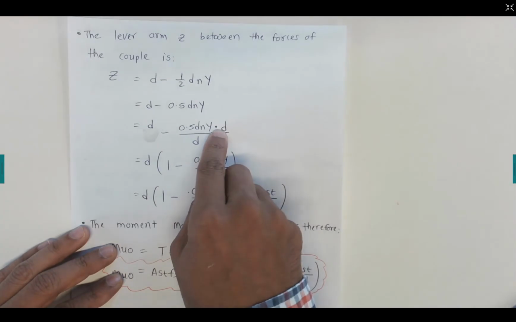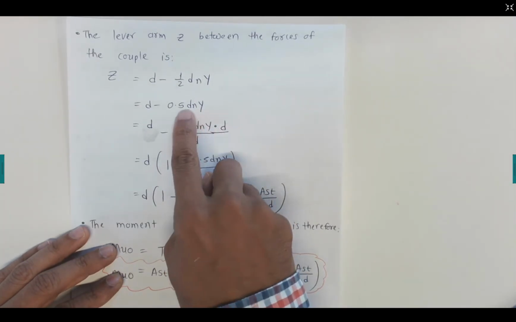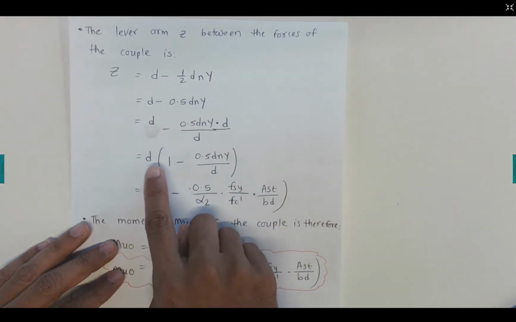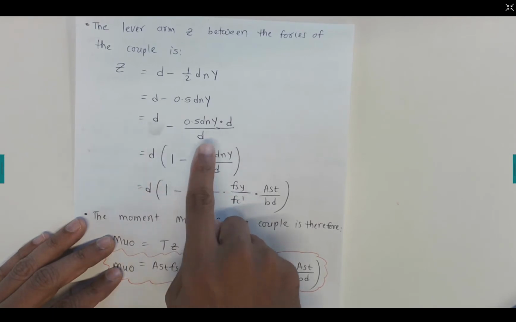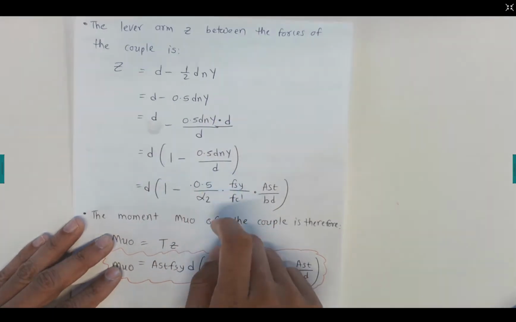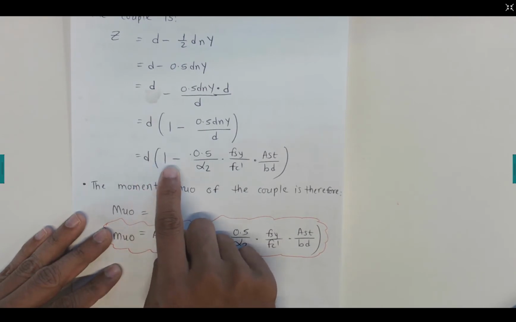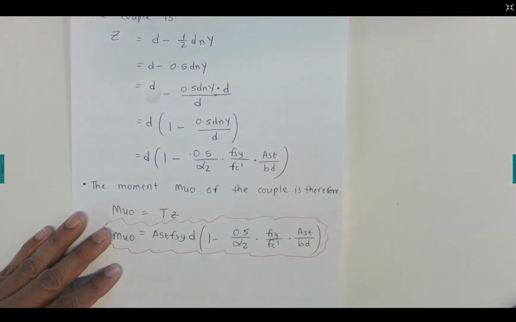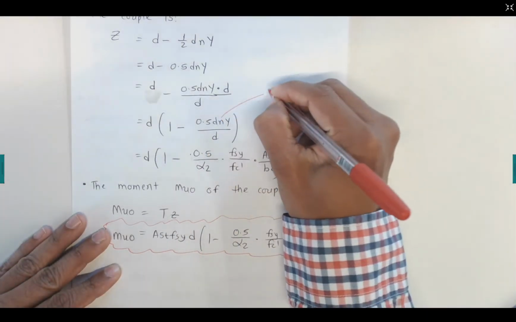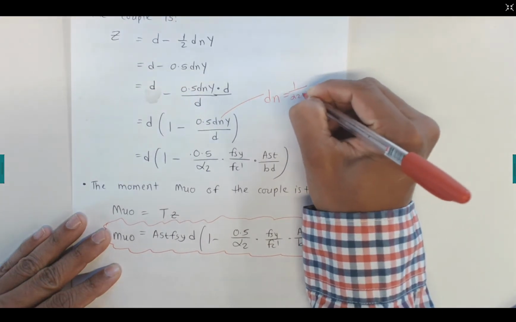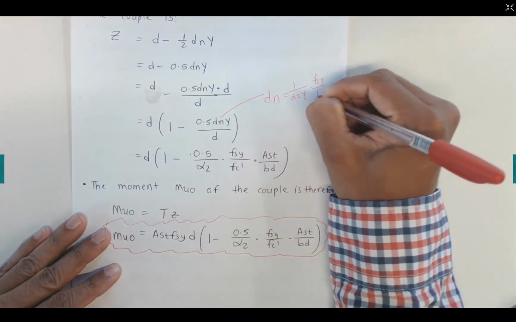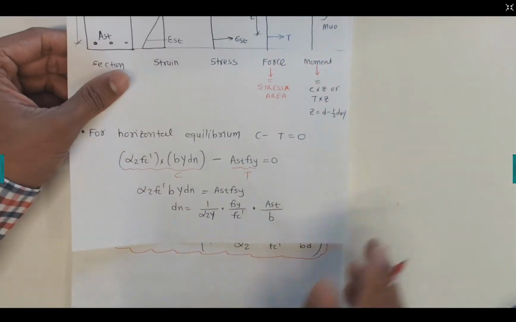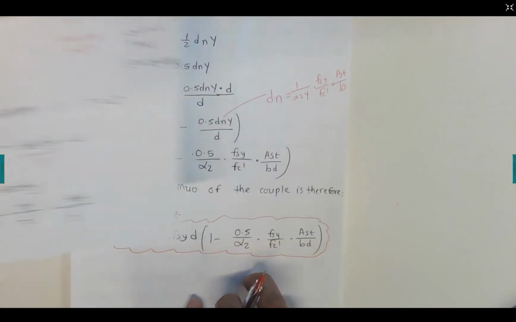I multiply by d and divide by d because it becomes 1, so it's exactly the same. Bring d out as a common factor, and we are left with d times 1 minus 0.5 gamma dn over d. Now we substitute the dn we just obtained in the previous step, dn equal to Ast fsy over alpha 2 gamma f'c b.